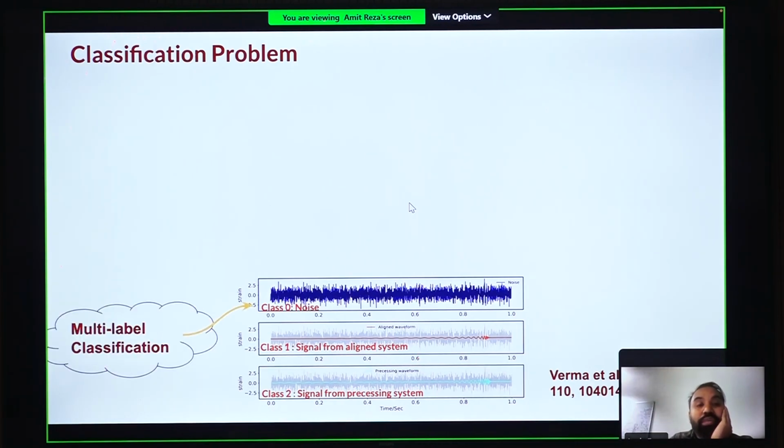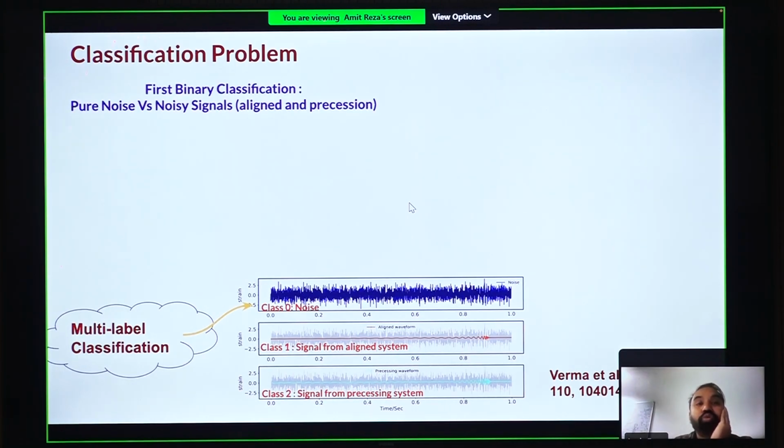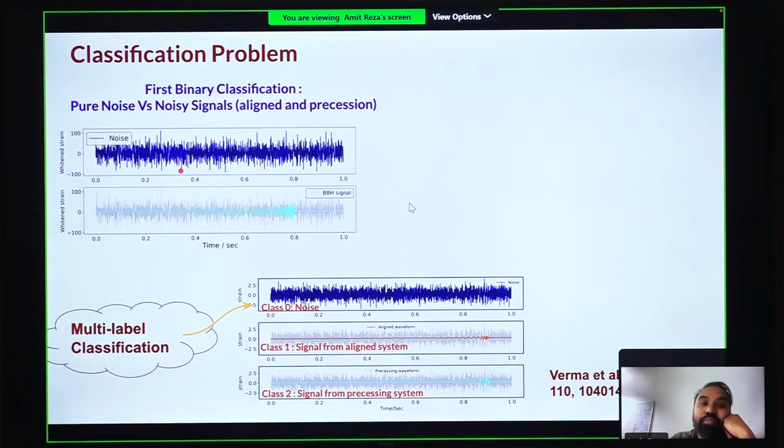You can also think about converting this into two binary classification problems. The first is a binary classification between pure noise and a noisy signal, where the noisy signal could contain aligned and precessing cases. So this is simpler: a binary classification between pure noise and signal, without considering whether it is an aligned or precessing signal, but we train the model with all these different signals.